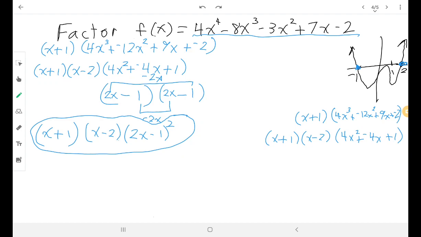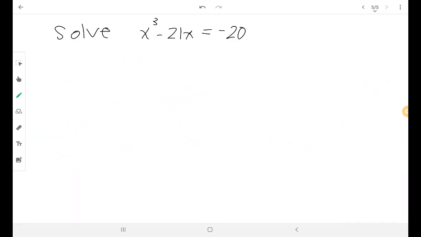We've only got one more problem, so stick with me, guys. Last problem. Let's solve this. Okay? So how are we going to solve this? Well, we're going to set it up as a polynomial, get all the factors, and we're going to be really clever about that.